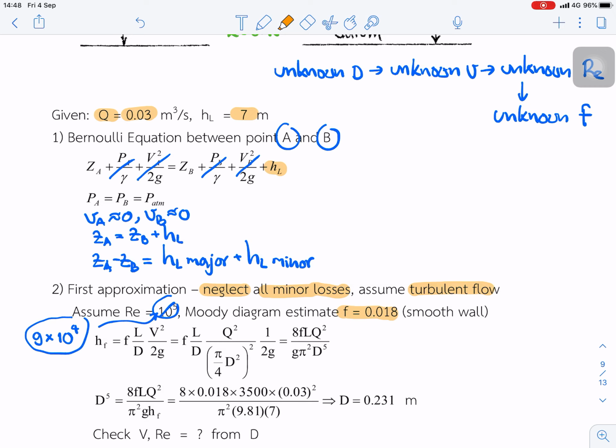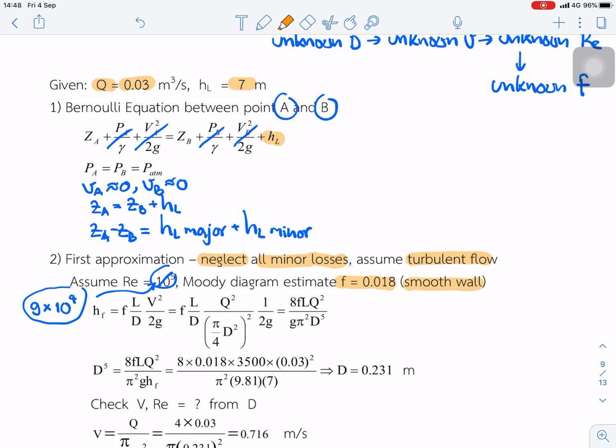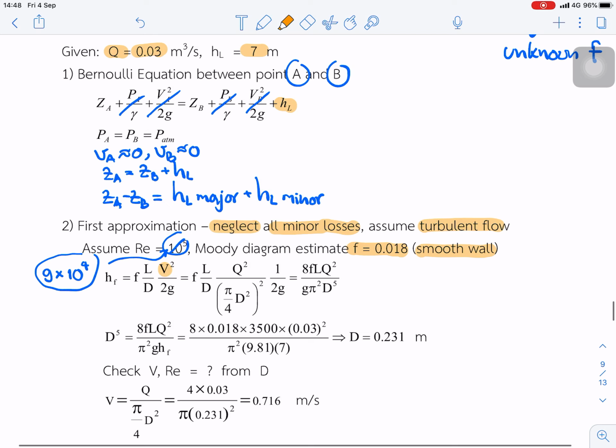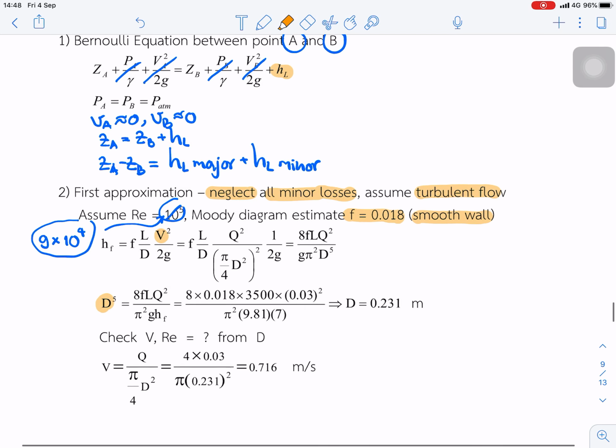It's a smooth pipe. How to get this number? You can check from the Moody diagram, and we convert from the Darcy-Weisbach equation, substitute Q in the velocity, and rearrange to get D as a function of the other parameters. So we can solve that the diameter is about 0.23 meter.